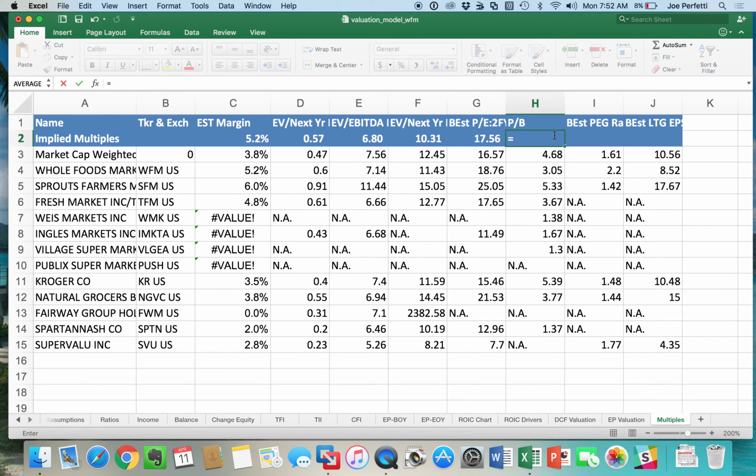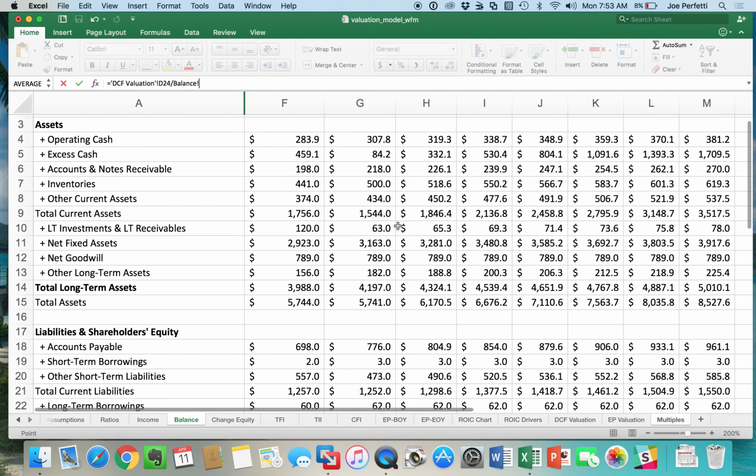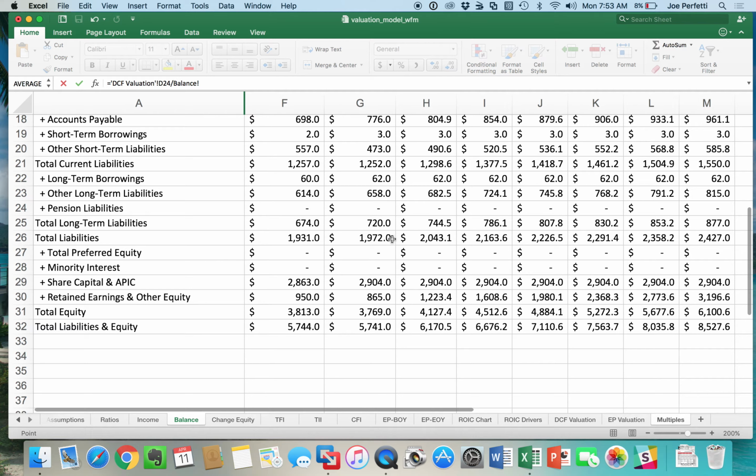So equals our price, which would be our equity value, divided by the current book value, balance sheet, 2015. Book value of equity would be the common equity, so share capital plus retained earnings.